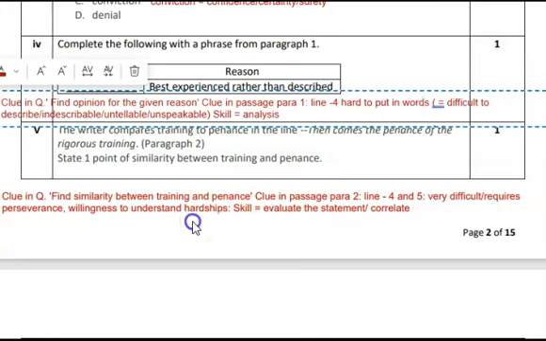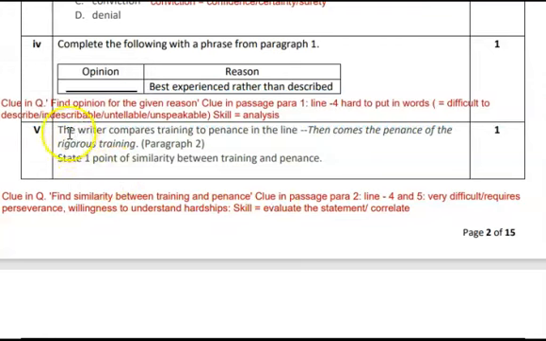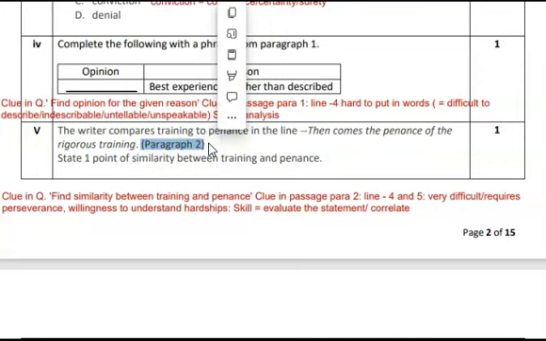Now look at this question. Question number 5. The writer compares training to penance in the line, then comes the penance of the rigorous training. So already it's very simple that he's comparing training to penance, and you can find this in the second paragraph. So two clues are given in the question.